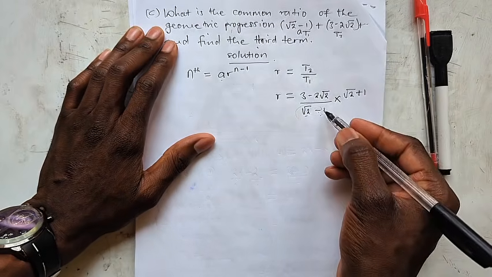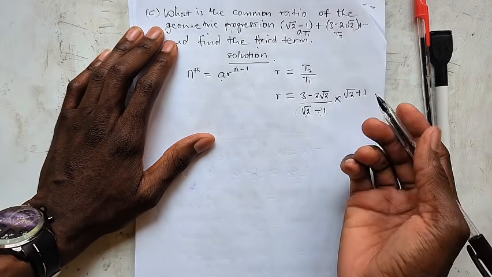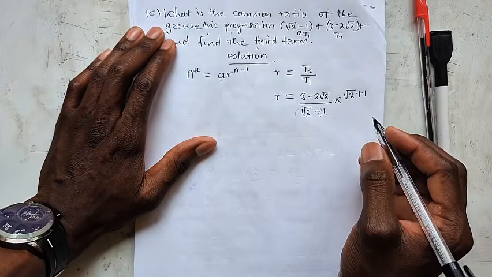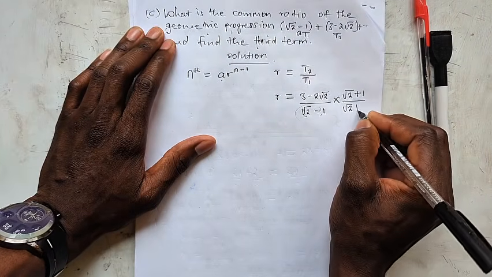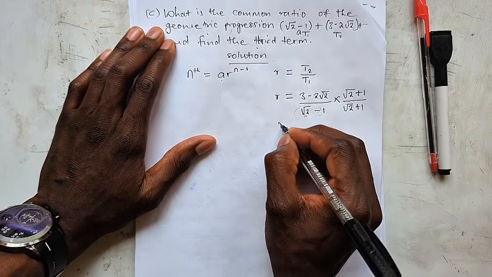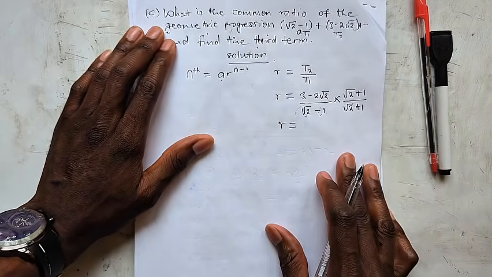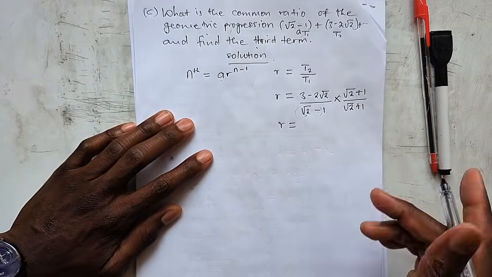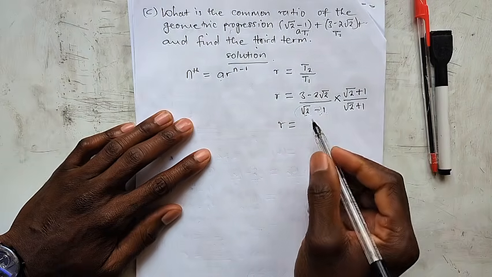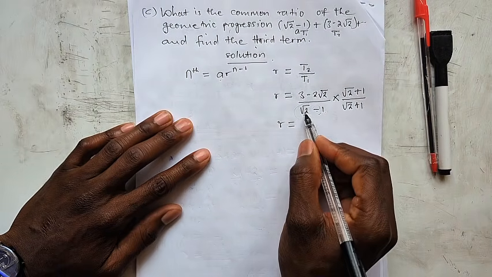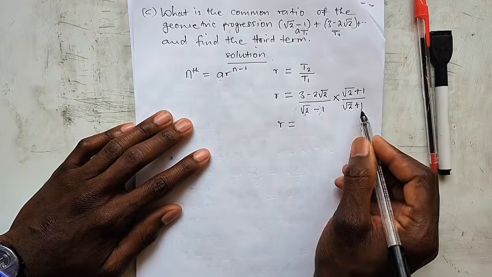It doesn't matter whether you put this here or that there, the answer will still come out the same. So I'll say over square root of 2 plus 1. So r as a common ratio is equal to, you multiply what is on top: this by that, then this by that, straightforward.